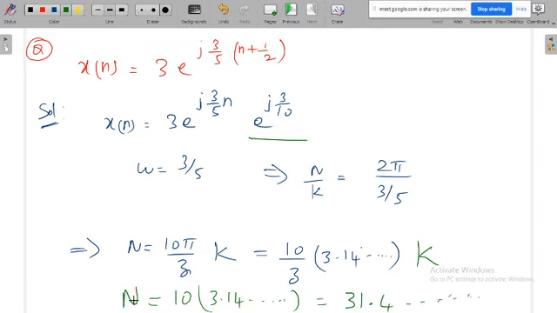Is it an integer? So what is the condition? By putting an integer value of k, you have to get n also as an integer. Now what is the value of n? Is 31.4 an integer or not?